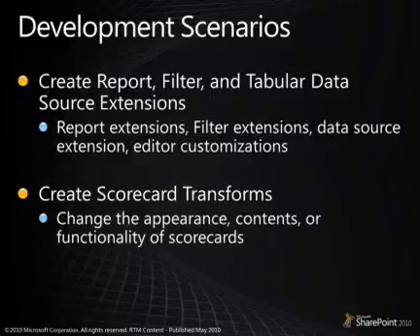The scorecard transform is used for changing the appearance, contents and functionality of scorecards. This transformation can take place either before or after it queries the data source, or before rendering the scorecard in a web part.